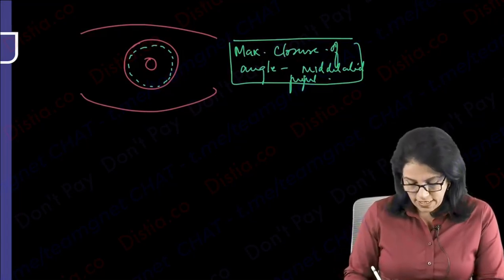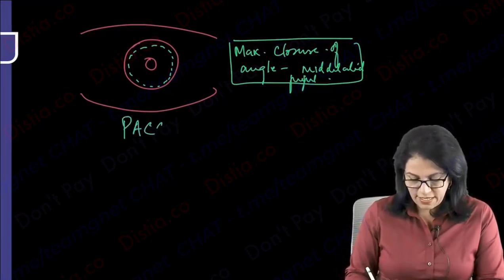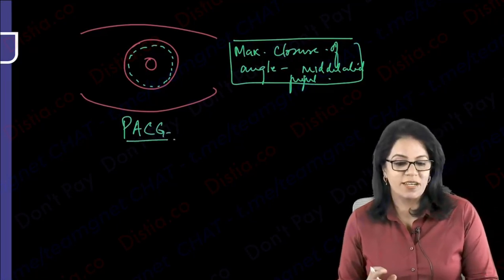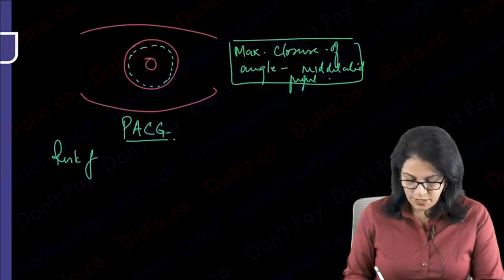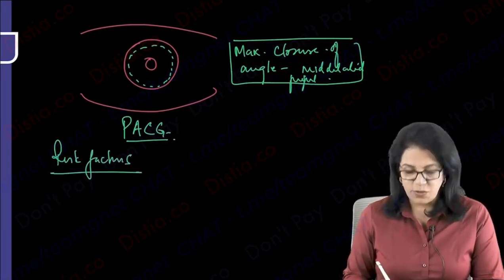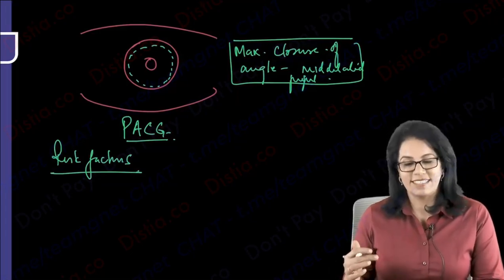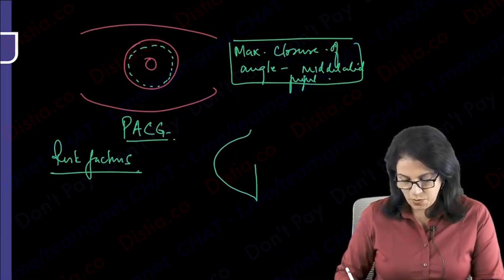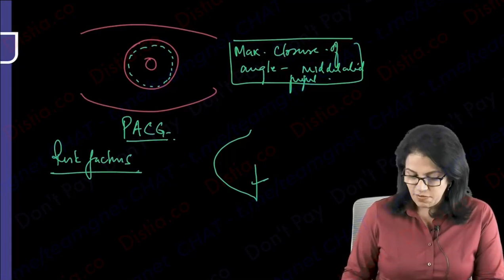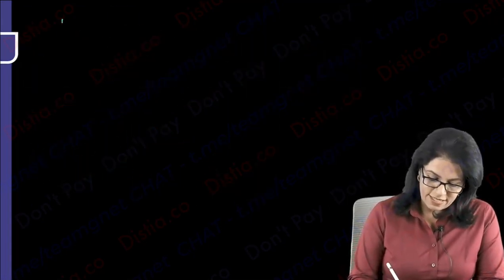Okay, so what are the risk factors? Because it's primary angle closure we are discussing, we do not know the exact cause, it's primary. So we will be learning the risk factors for primary angle closure glaucoma. Think yourself, common sense. When is the space between the iris and cornea more prone to closure? Number one, small eye, isn't it?